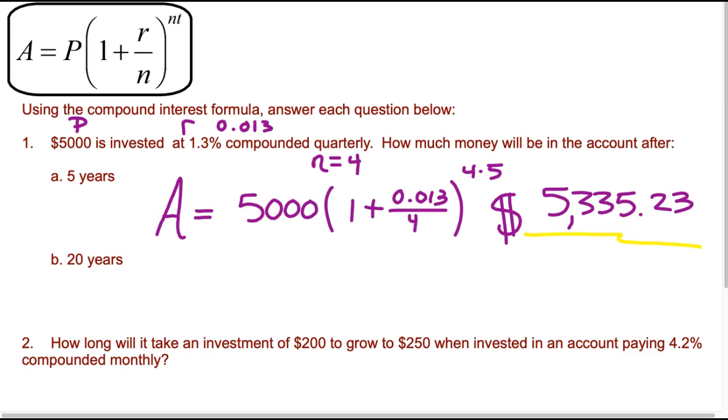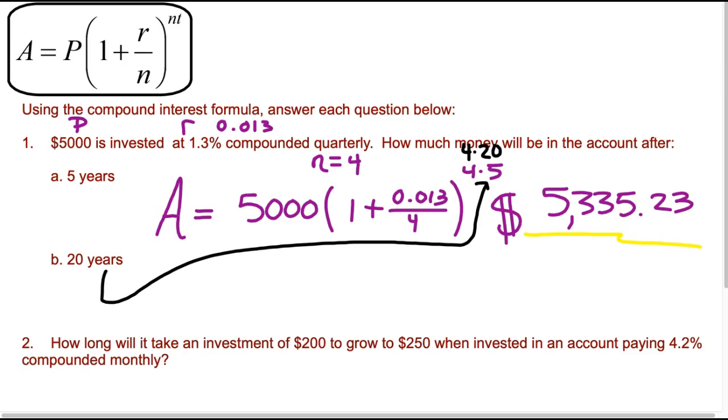So same exact formula. It's just that now instead of 5, I'm going to put it in for 20. So it's going to be 4 times 20 years. So compounded quarterly for 20 years is going to be 80 times they calculated interest and gave me more money. So I'm going for much more time now, so I should have more money. What do you get for that one?